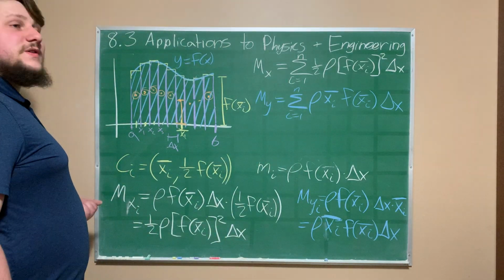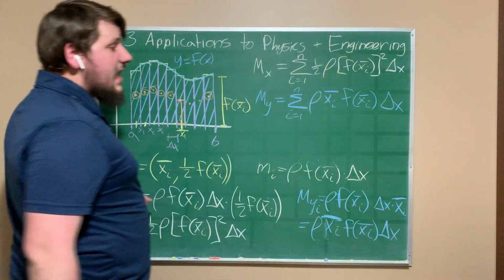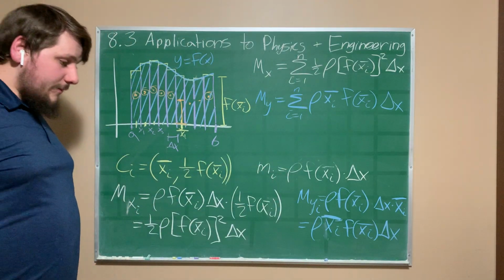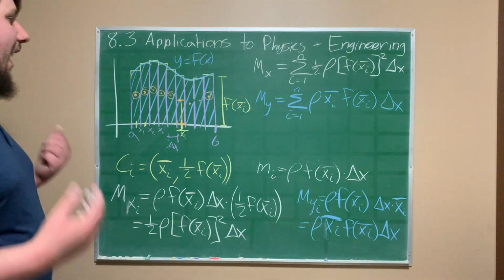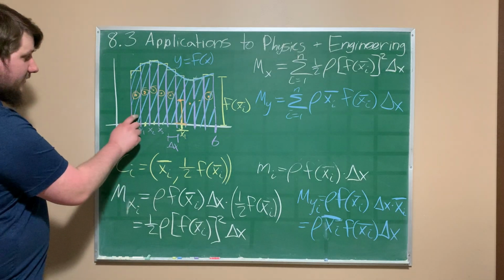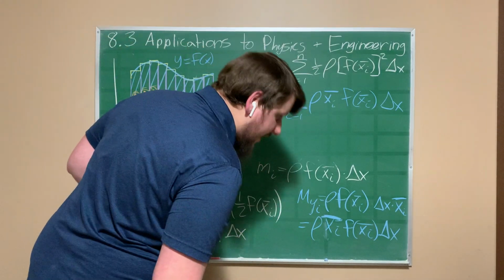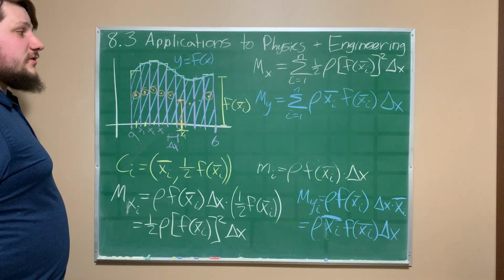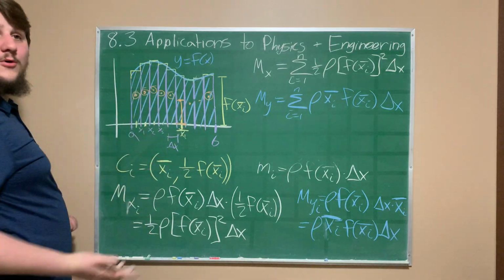In order now to find the centroid, we need to take each of these moments and divide it by the total amount of mass in the system. Well, how much total mass is in the system? That's going to be the mass of each one of these bars all together, right? That is just the density rho times the total area of this shape.